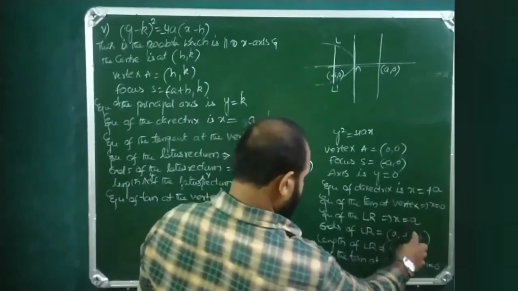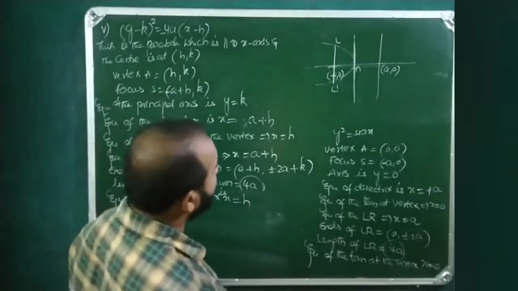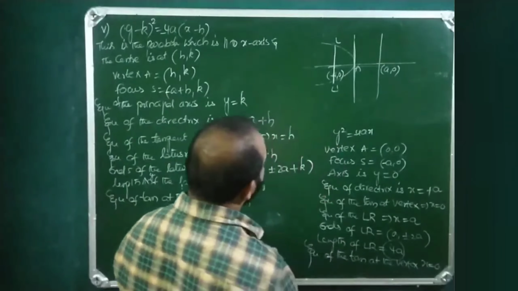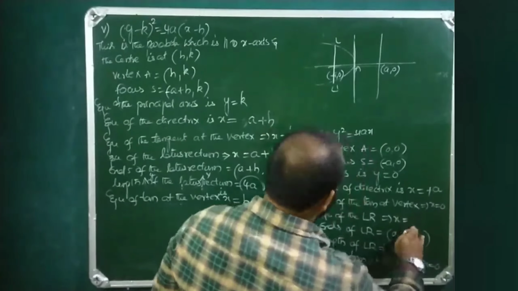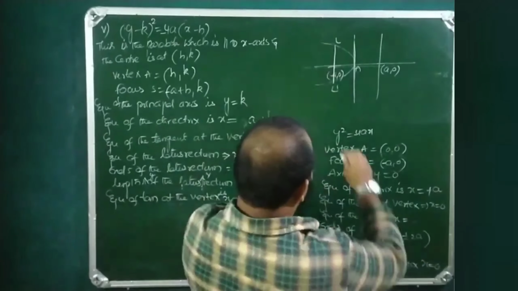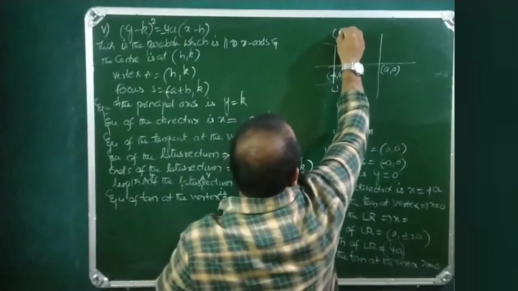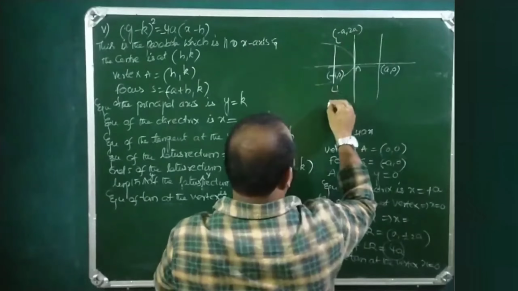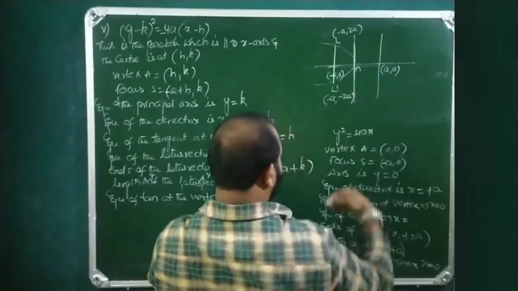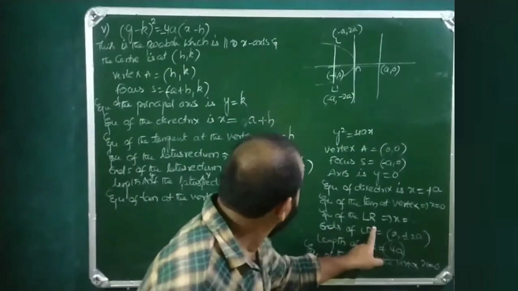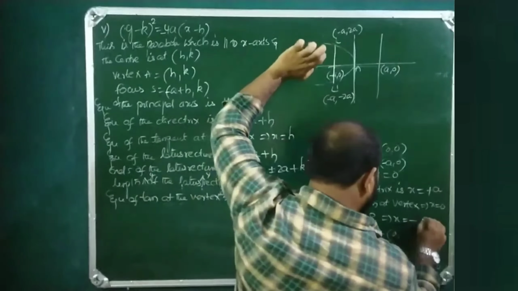Minus a. This is minus a comma 2a. This is minus a comma minus 2a, right? So the equation of the latus rectum is x equals to minus a.